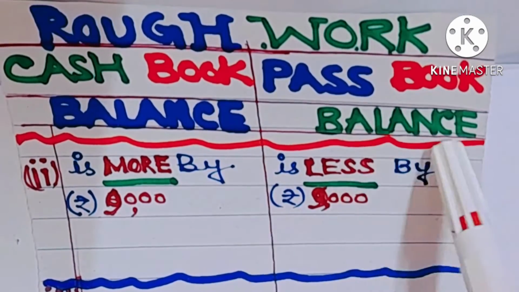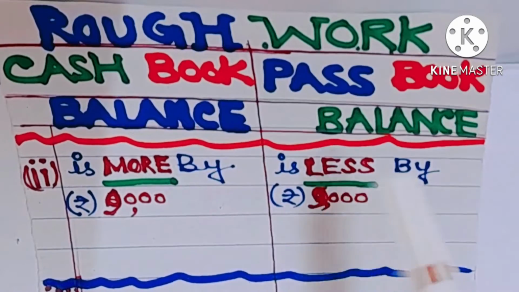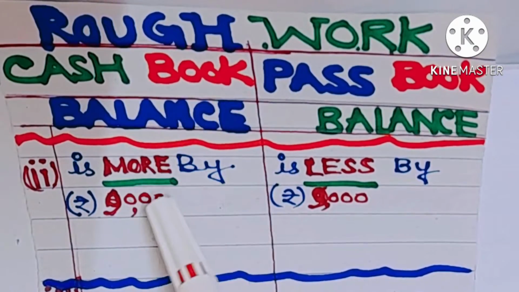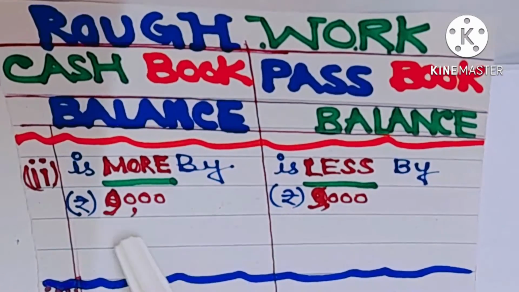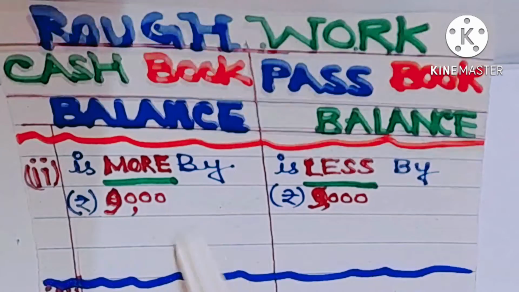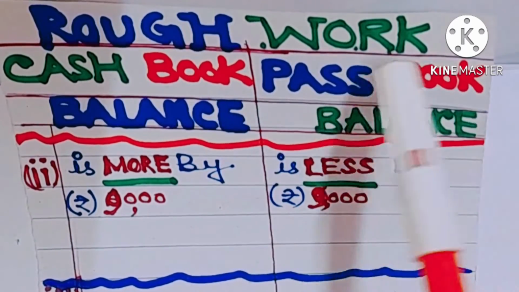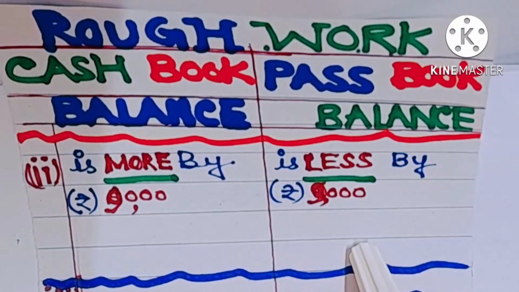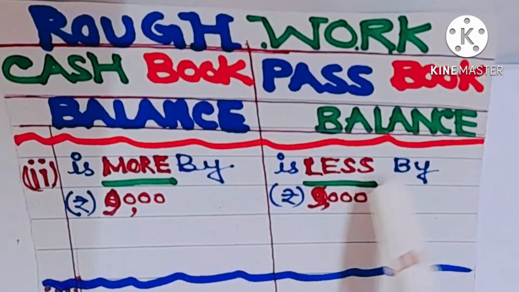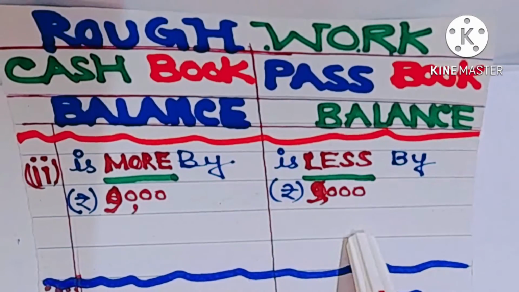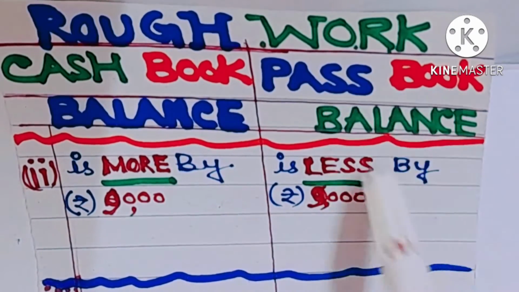Passbook balance is less because the businessman has immediately recorded rupees 9,000 on the debit side or receipt side in the bank column of the cash book, whereas the bank has not yet recorded rupees 9,000 in the credit column or deposit column. Please remember, credit column means deposit column in the case of bank.